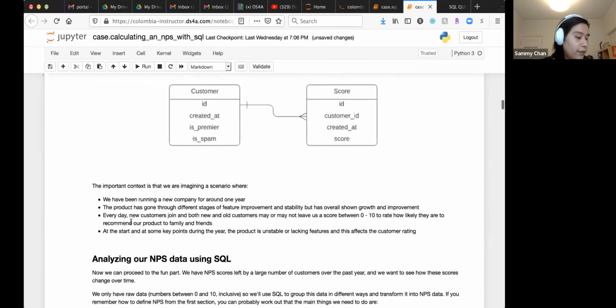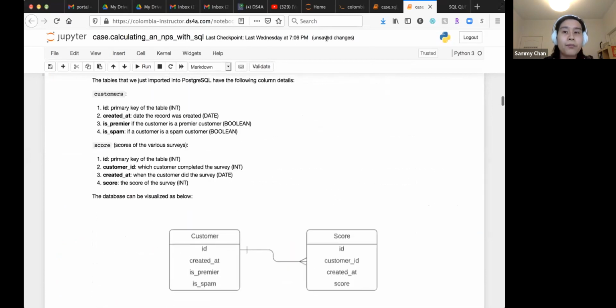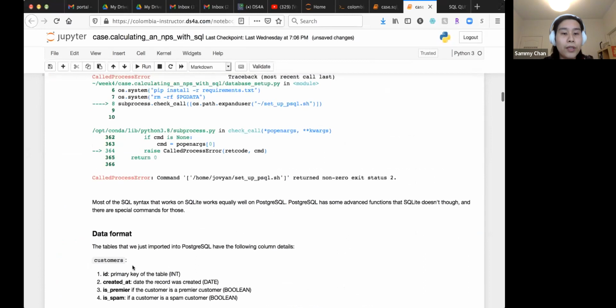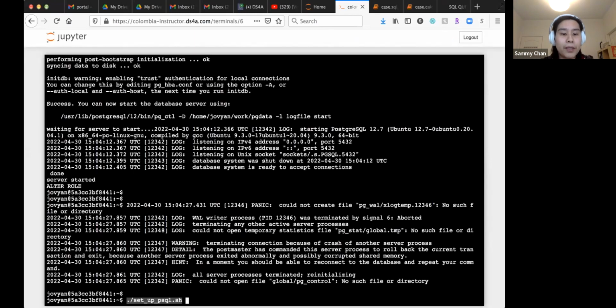If you are having a problem, what you should do is go back to the terminal and run this different script called shutdown pstl.sh.